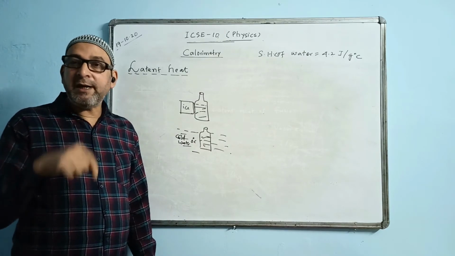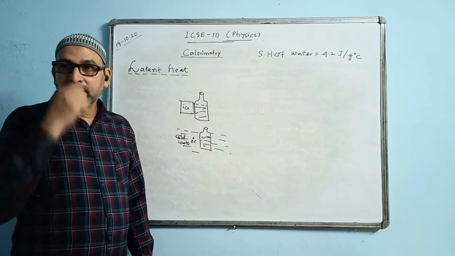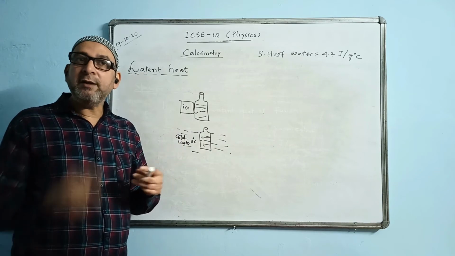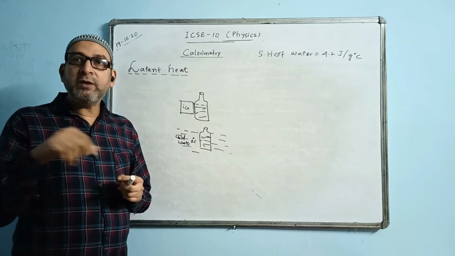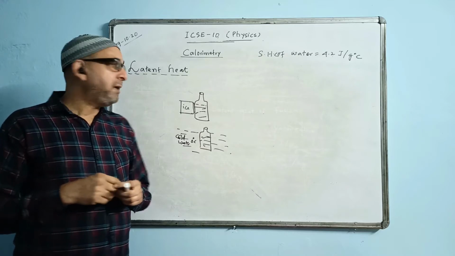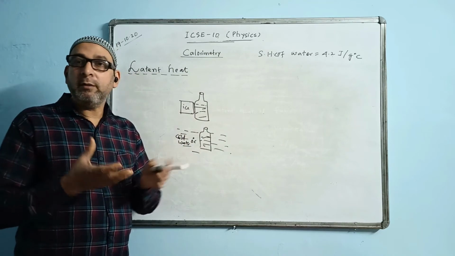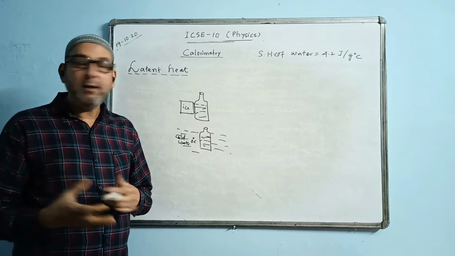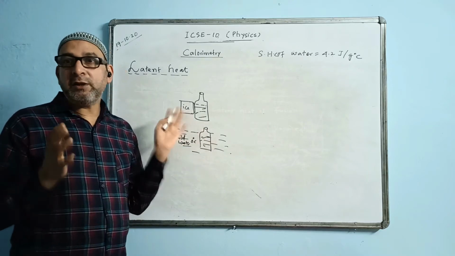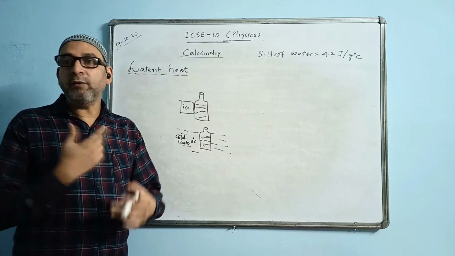Since steam contains the latent heat, which means the additional quantity of heat, the value of which is very high, you can give the value also. What is the value of the specific latent heat of vaporization? 2260 joule per gram. That means in comparison to the water, 1 gram of steam contains additional heat that makes steam much more energetic than the plain water or than the boiling water.